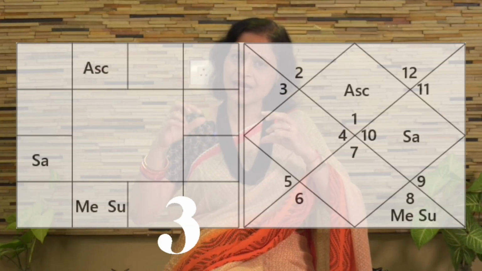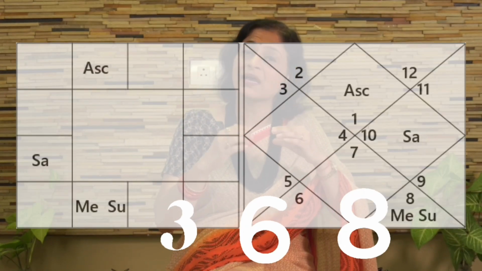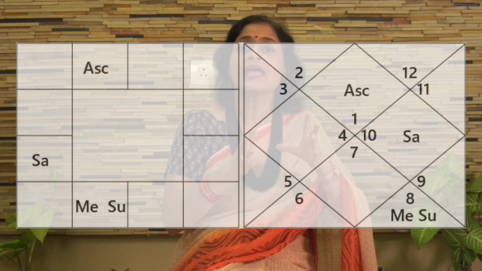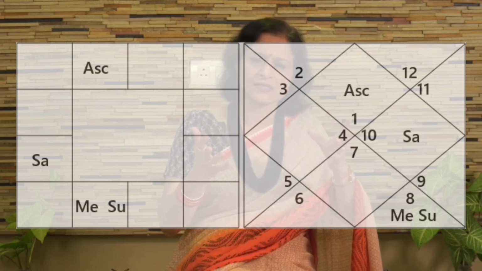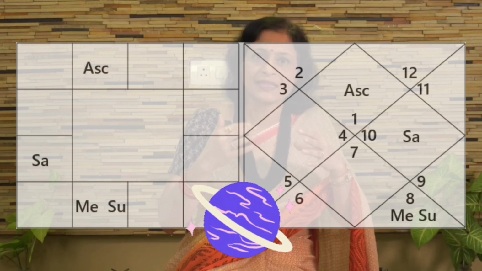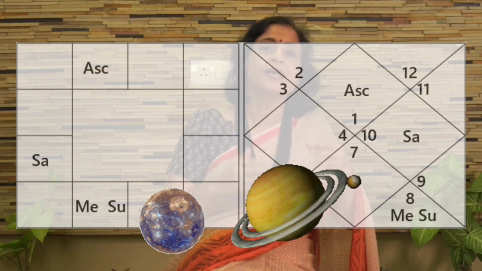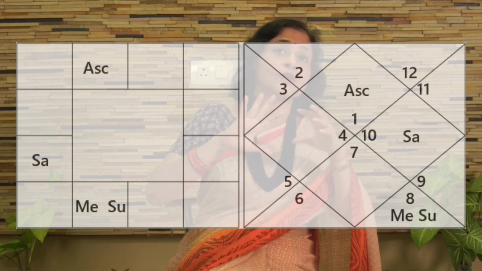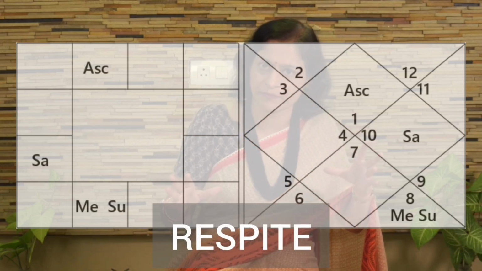Like that, taking up the antardasha, when we take up Mercury's dasha, for the Aries Lagna, with the 3rd and 6th lord sitting in the 8th house, and Saturn is sitting in its own house, then it is very happy, it is swasth, and that Mercury Saturn antardasha will be something that will give a lot of respite to the person.